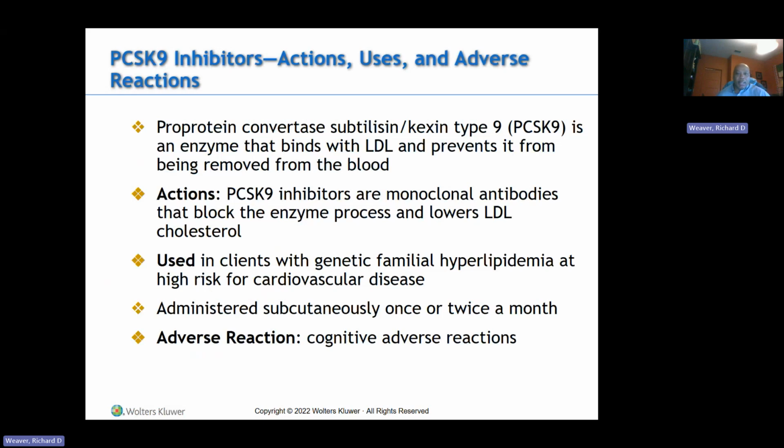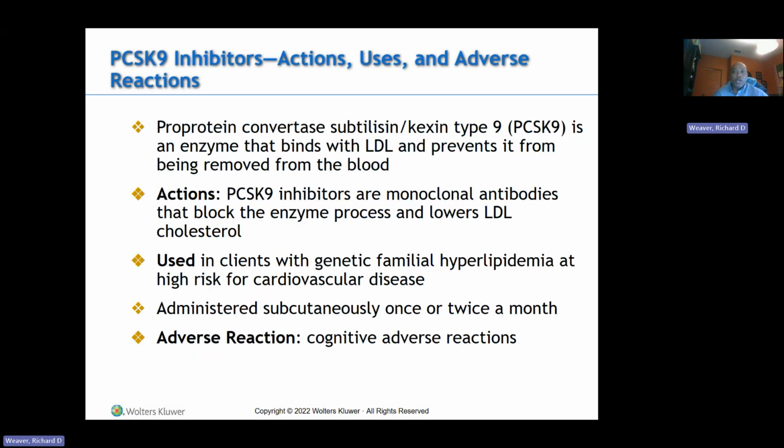Now, these are a class of LDL lowering drugs used for clients who have genetic familial hyperlipidemia or are at very high risk for cardiovascular disease or developing cardiovascular disease.